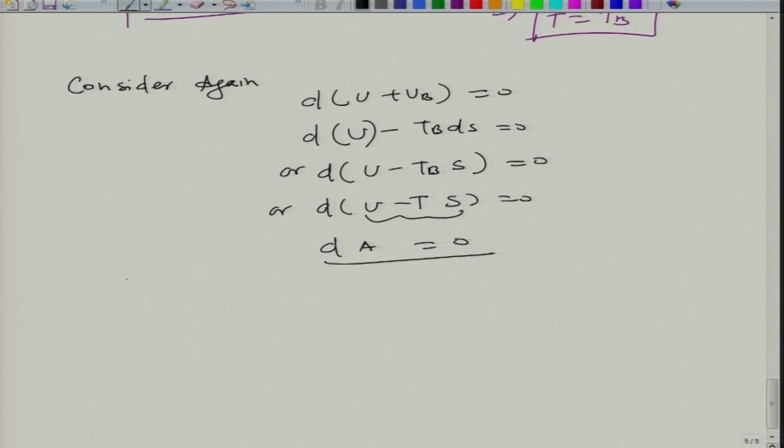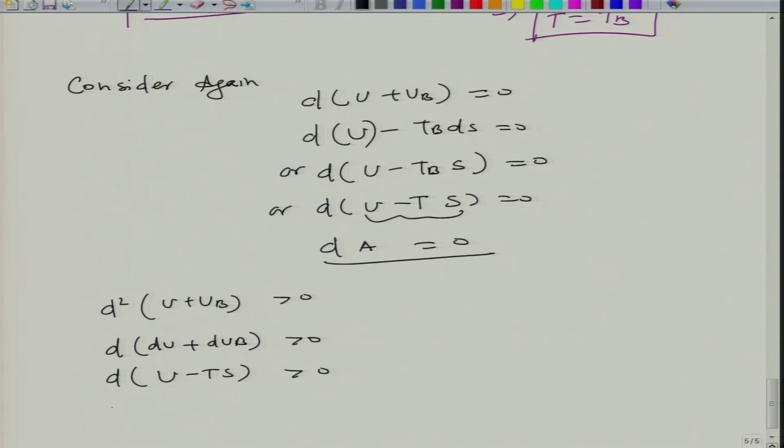Now, let us look at the second derivative, that is d square of u plus ub. Again we can write this as d of du plus dub, and from here I can get u minus Ts greater than 0, and this is nothing but d square A greater than 0.